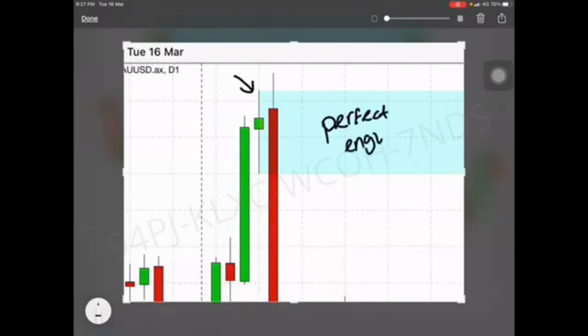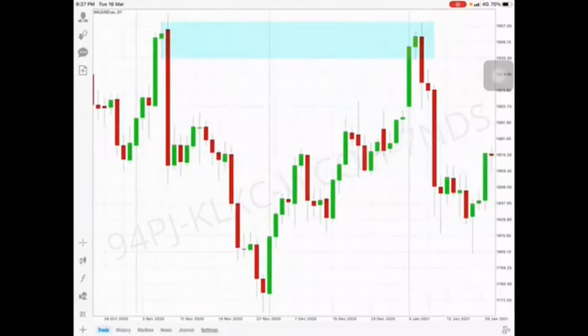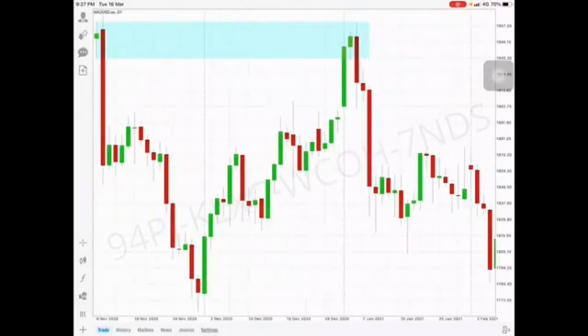Right here we have a sell engulfing. The candlestick that is being consumed is this one. So this is a perfect engulfing. When the price reaches it, we are going to look for sells.